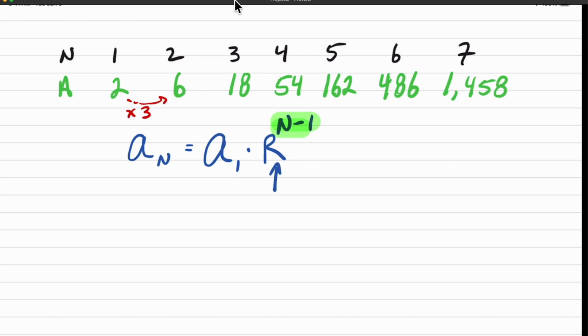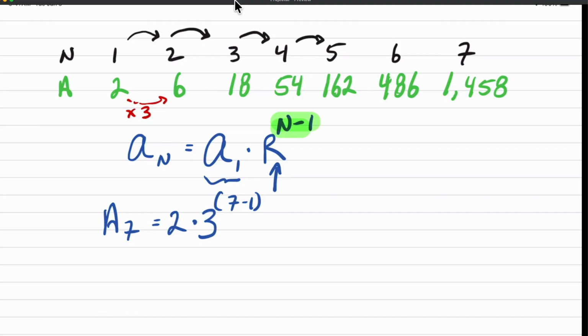So in our example, if we're trying to find a sub 7, we're going to start with the amount at position 1, which is 2. We're going to multiply that by our r value raised to 7 minus 1. Why is that? Because look, how many steps do you take to get from 1 to 7? 1, 2, 3, 4, 5, 6. How many times are we multiplying by 3? 1, 2, 3, 4, 5, 6.